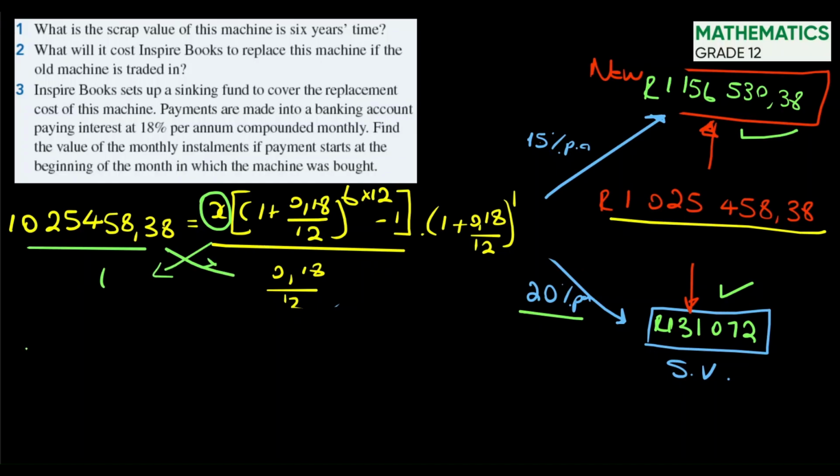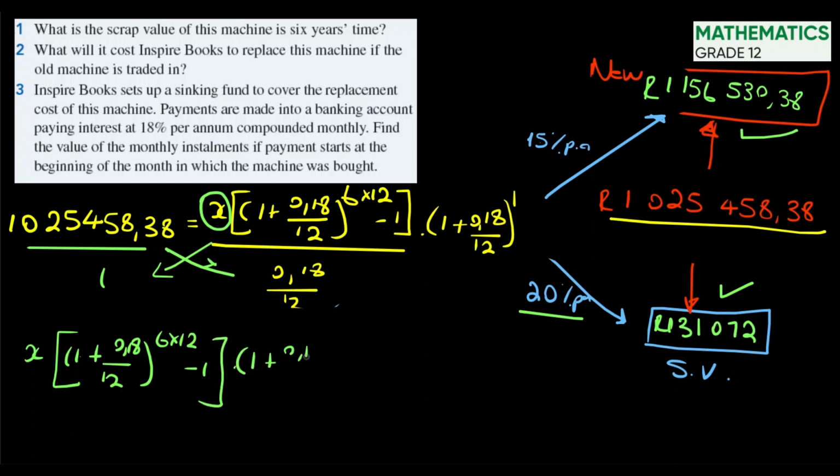Then we're going to have x times [(1 + 0.18/12)^(6×12) minus 1] times (1 + 0.18/12)^1 is equal to 0.18/12 times 1,025,458.38.